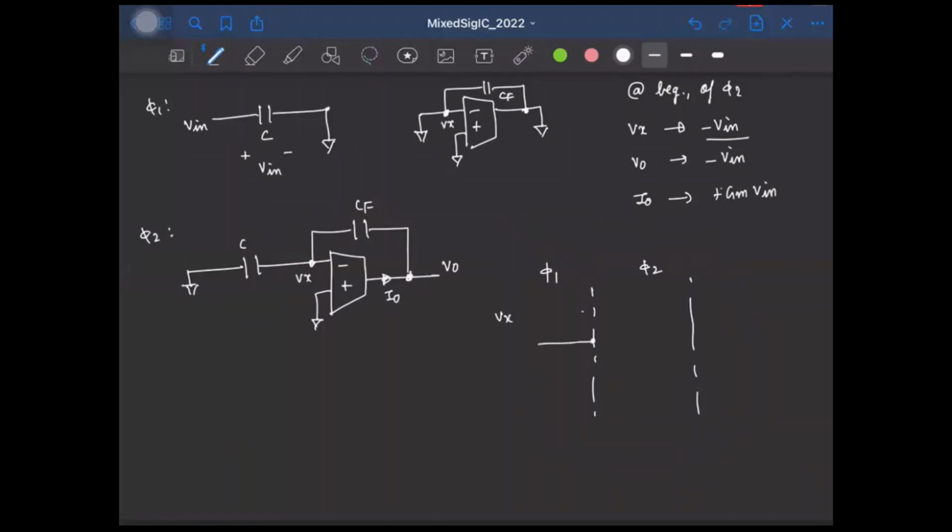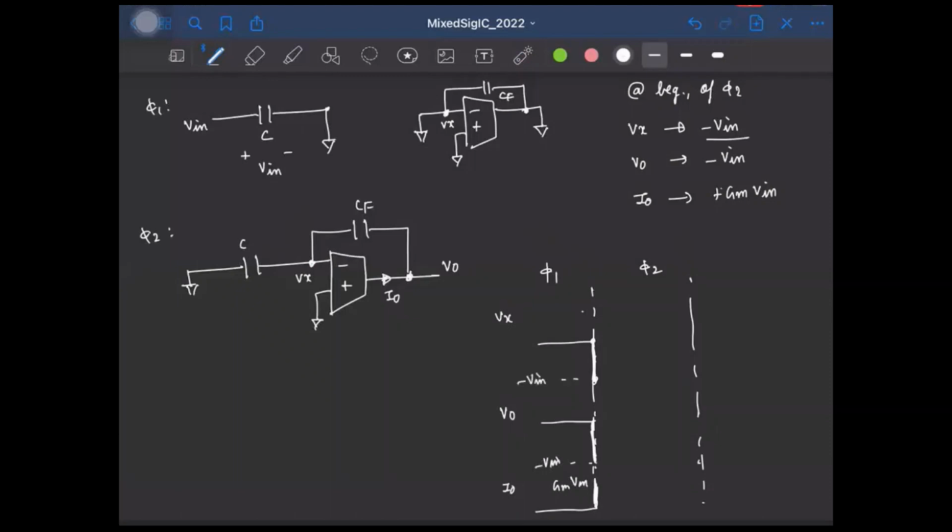And the moment we have phi2, Vx jumps to minus Vn, right? Similarly, the output voltage V0, that was also 0 initially, and that also jumps to minus Vn. Right? On the other hand, the current I0, that will initially jump to Gm times Vn, right? So this is minus Vn, this is minus Vn.